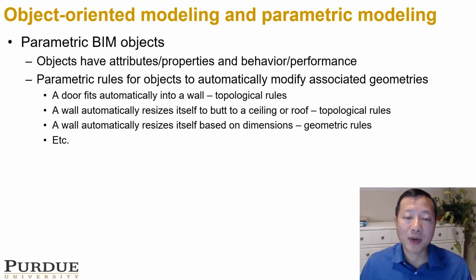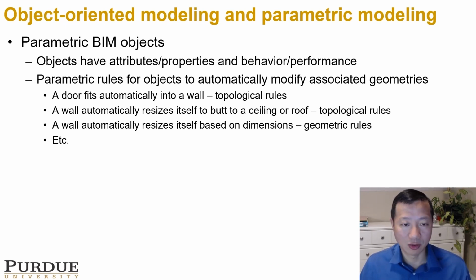Now, when we talk about parametric modeling, it is based on parametric rules. These rules enable objects to automatically modify associated geometries as necessary. So for example, a door fits automatically into a wall. This is part of topological rules. In a BIM model, in your design, you will never see a door that floats somewhere without being part of a wall. A wall automatically resizes itself to butt to a ceiling or roof.